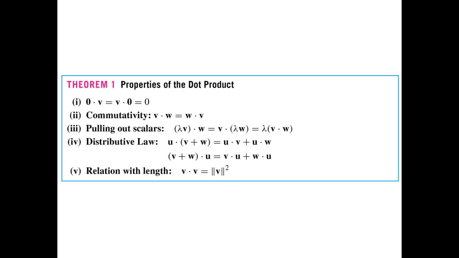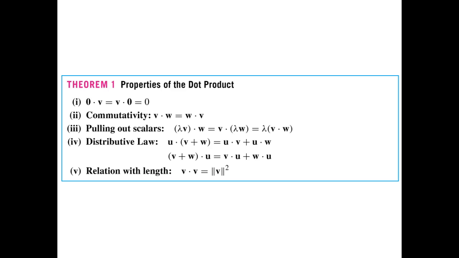Okay, commutativity, I guess is how you say that, of the dot product of two vectors. If you multiply V times W, that's the same as multiplying W times V. So let's just say vector V is V1, V2, V3. Vector W is W1, W2, W3. Those are the components. When you dot product them together, it's V1 times W1 plus V2 times W2 plus V3 times W3.